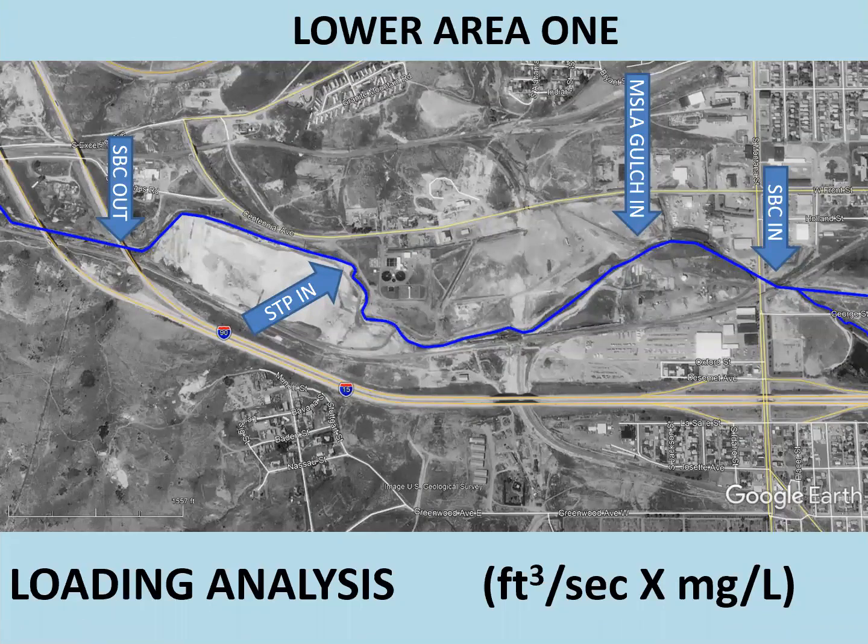So we're going to measure both zinc concentrations and flow at those stations. Then we can simply multiply flow times the concentration, and we'll come up with a load. In this case where I said cubic feet per second times milligrams per liter, we would come up with milligrams per second, but the usual term used is pounds per day.